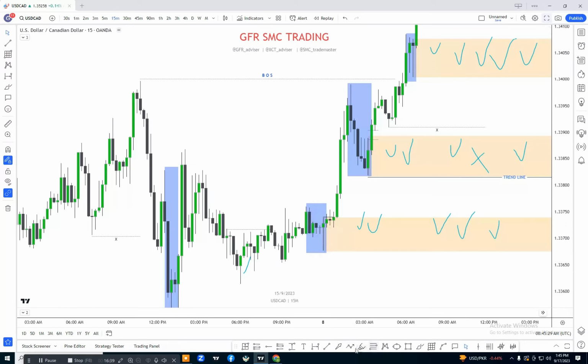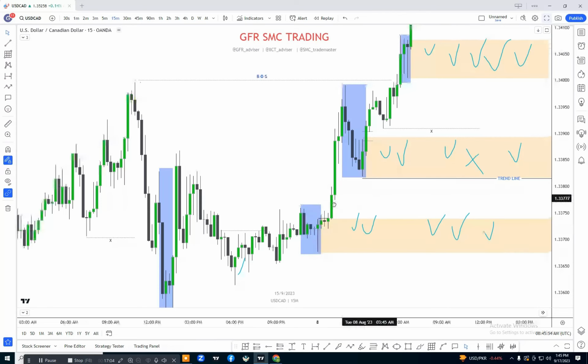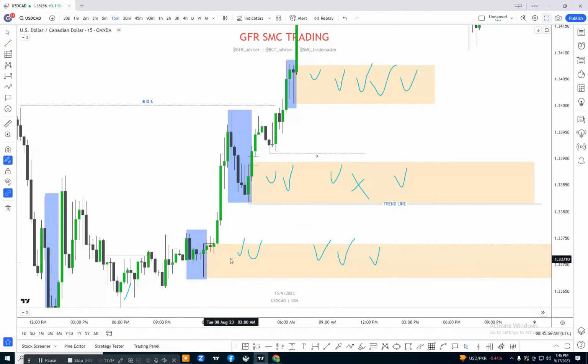Whenever the market returns back from this candle, because it closed above the area of this order block and returns back with that kind of structure, then this order block will no longer be valid because it's mitigated with the third candle. Now these two candles don't have their own value because their bodies are under this order block. That's why I am taking this order block.